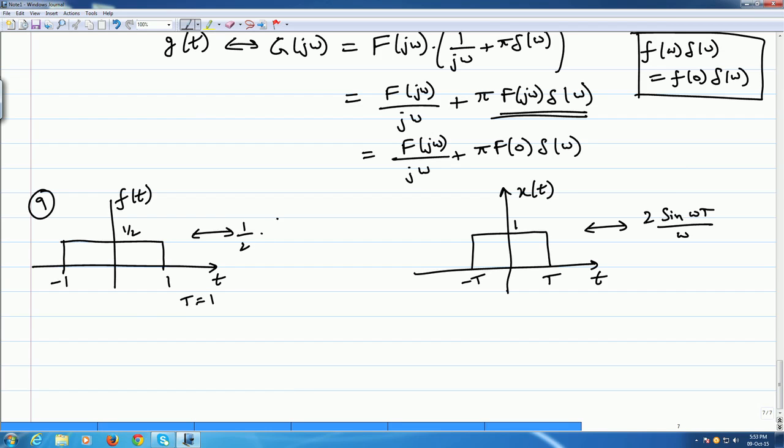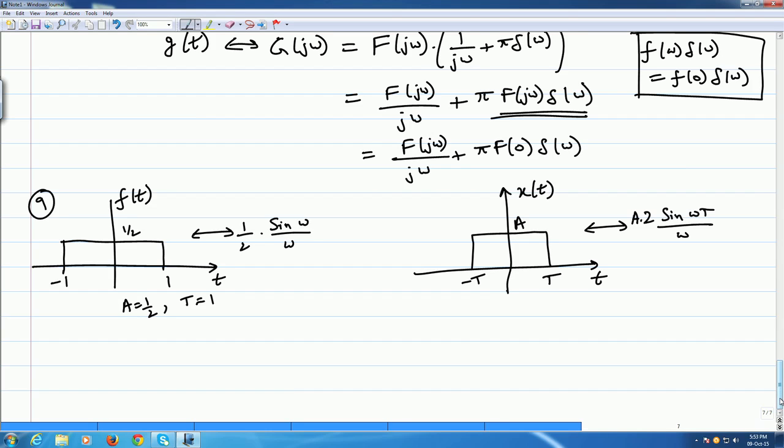So, you get sin omega by omega. If you put an a here, you will simply get a multiplication by a. So, here you identify a to be half and T to be 1, and you simply get this formula.